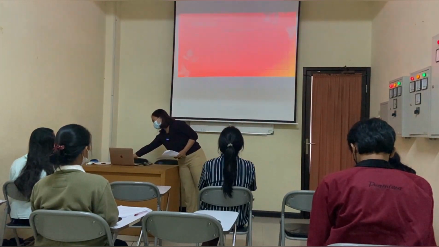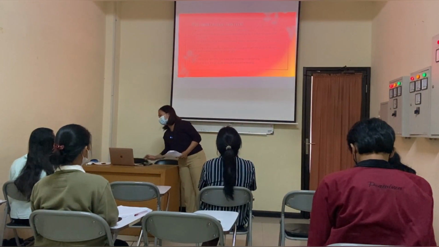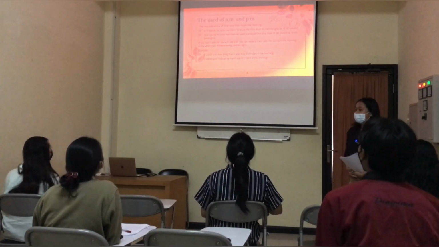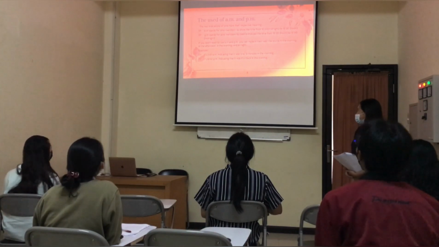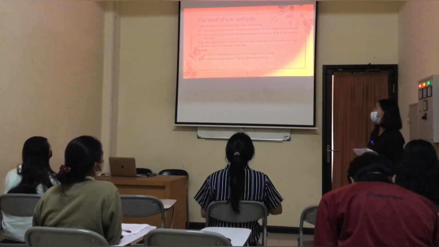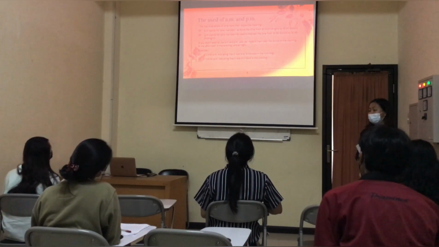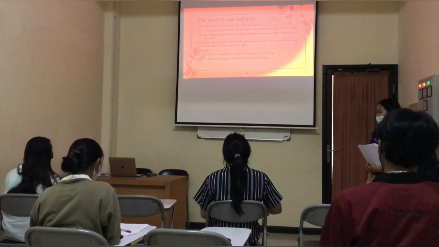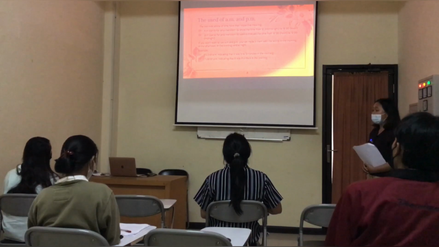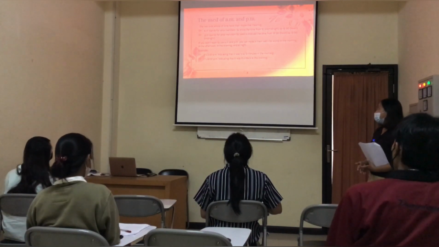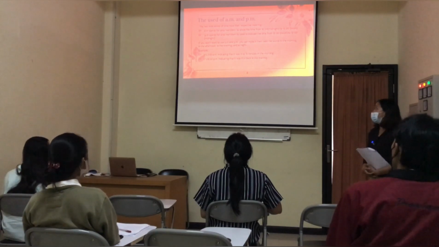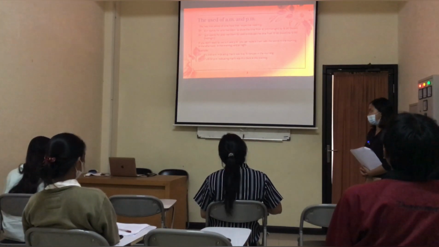And the next is about the use of AM and PM. AM stands for ante meridiem, to show the time from 12 at midnight until 12 in the afternoon, while PM stands for post meridiem, to show the time from 12 in the afternoon to 12 at night.